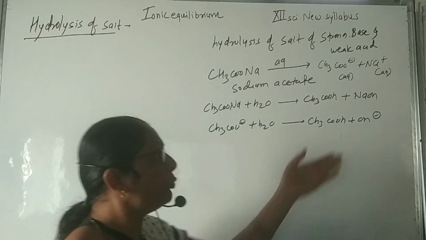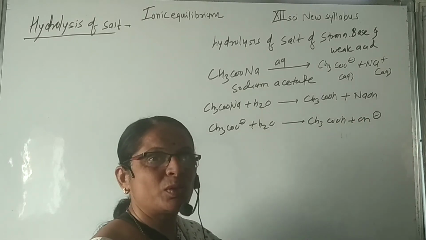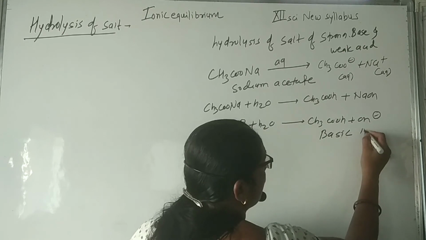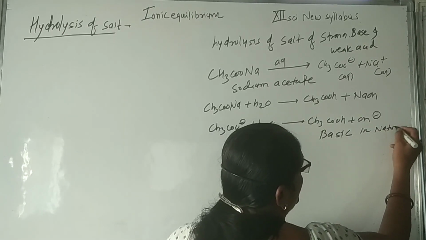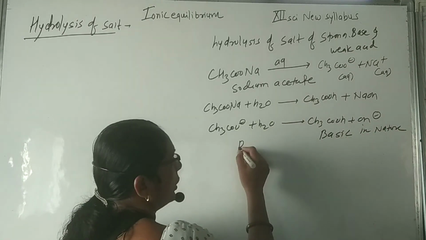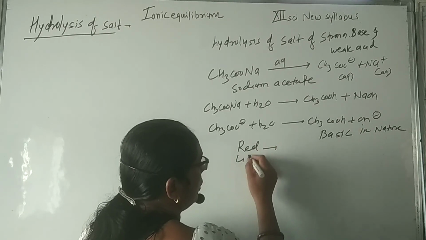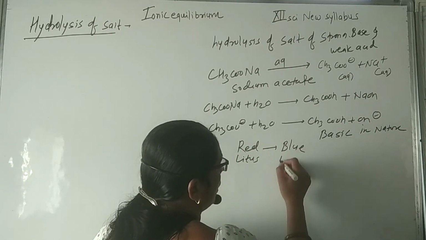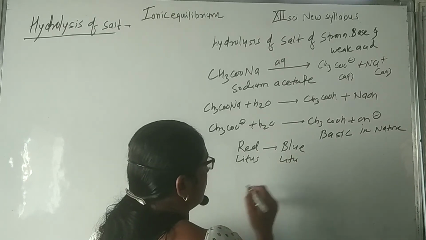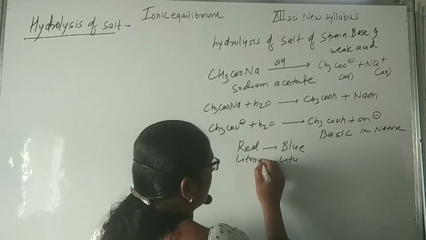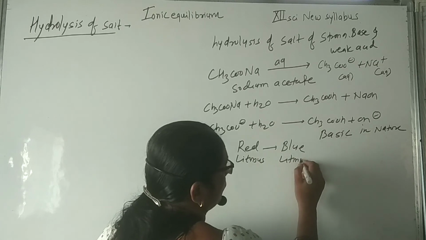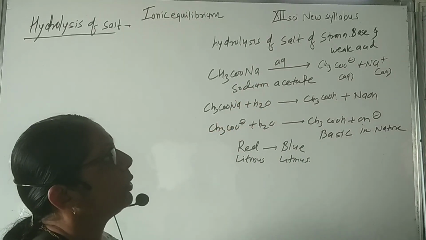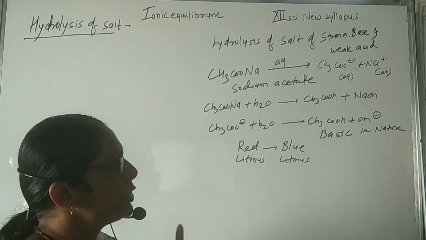As the solution has more hydroxyl ion, the solution is basic in nature, meaning it turns red litmus to blue. So what is the nature of the hydrolysis of the salt of a strong base and weak acid? It is basic in nature.